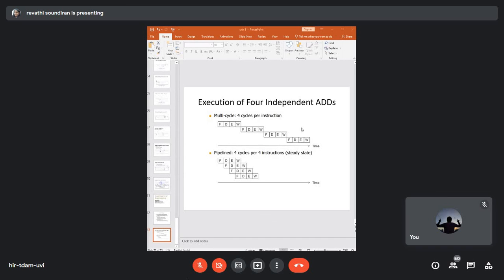And if you contrast with your pipelined architecture, you can see the time consumed to perform these 4 independent add operations. When the first instruction is fetched and has moved on to the decoding stage, now I have my second ADD operation taking up the fetching phase. Similarly, when my second operation is decoding, my third ADD operation is going for the fetching phase.